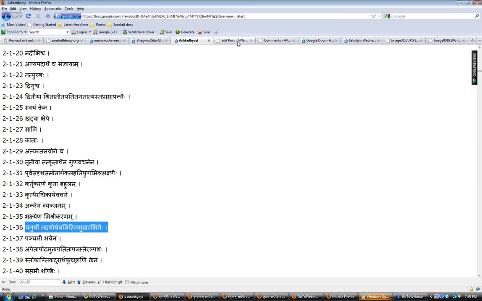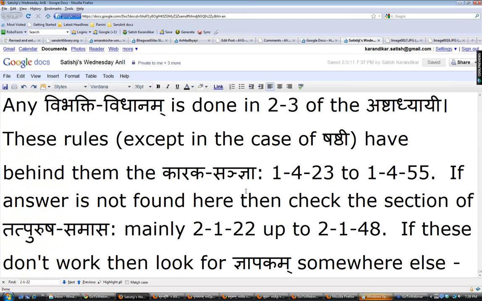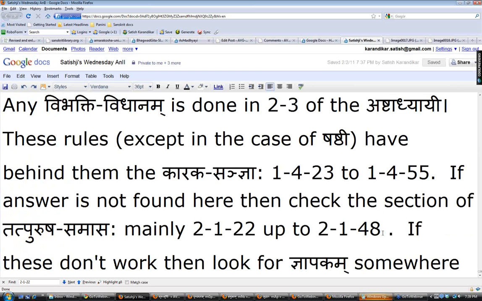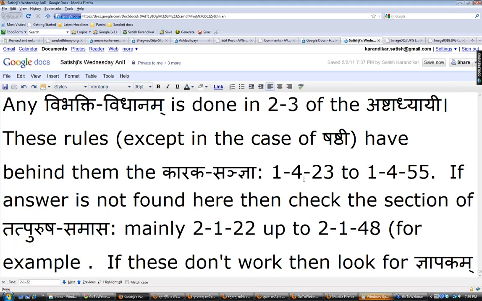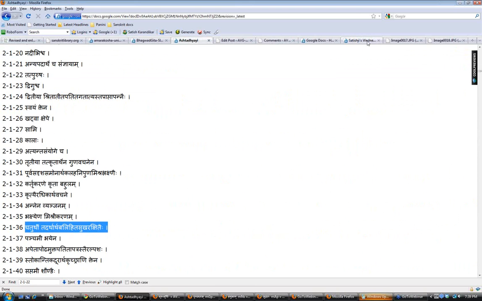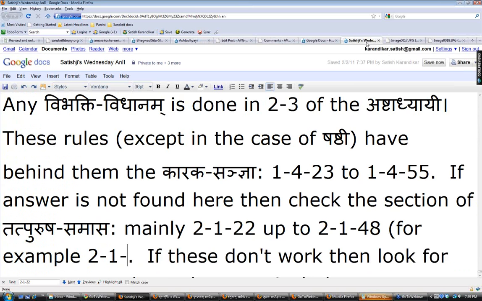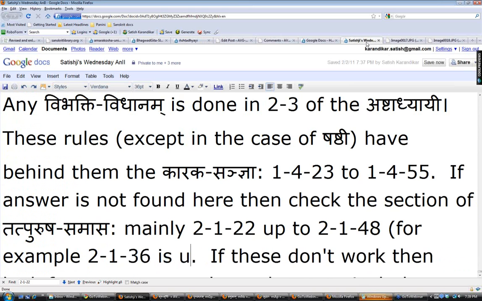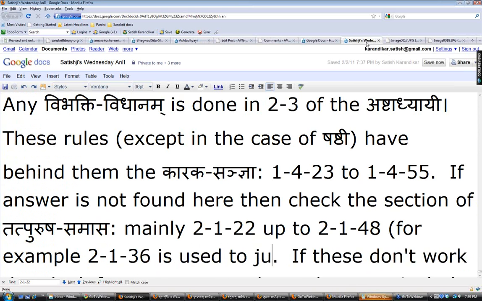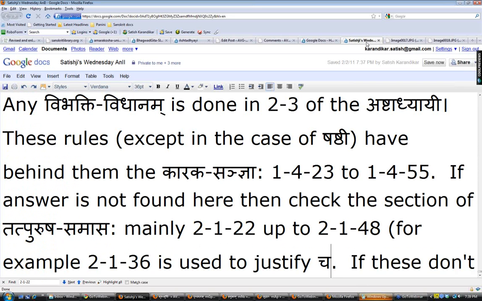So maybe I can put in the brackets over here, for example, 2.1.36 can be used to justify certain kinds of Chaturthi, very important, Chaturthi Vibhakti in certain cases.